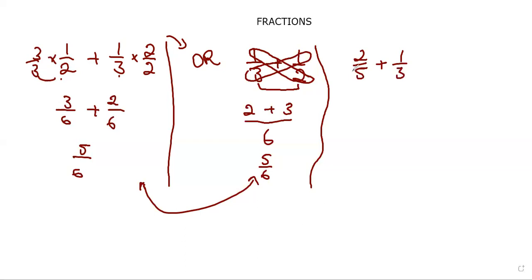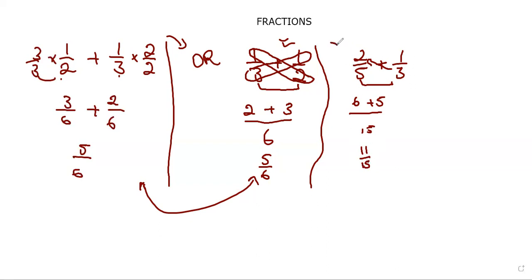Note that the denominators are not the same. If we use this method, we simply say 3 times 2 is 6, 5 times 1 is 5, and 5 times 3 is 15. 6 plus 5 is 11 over 15.